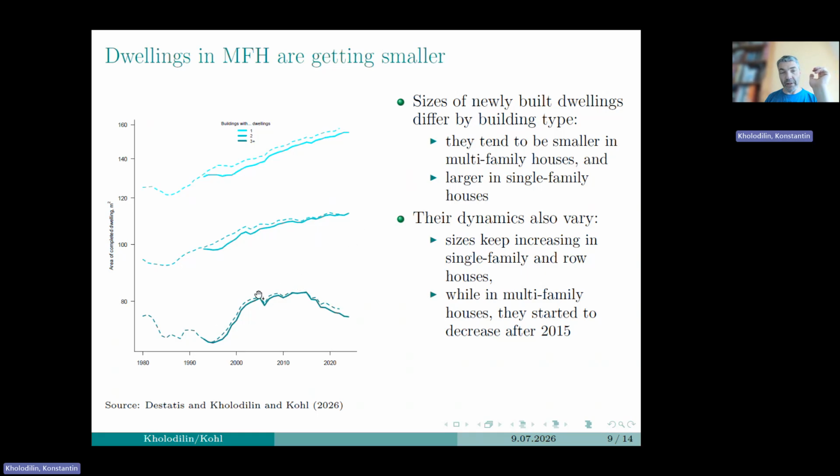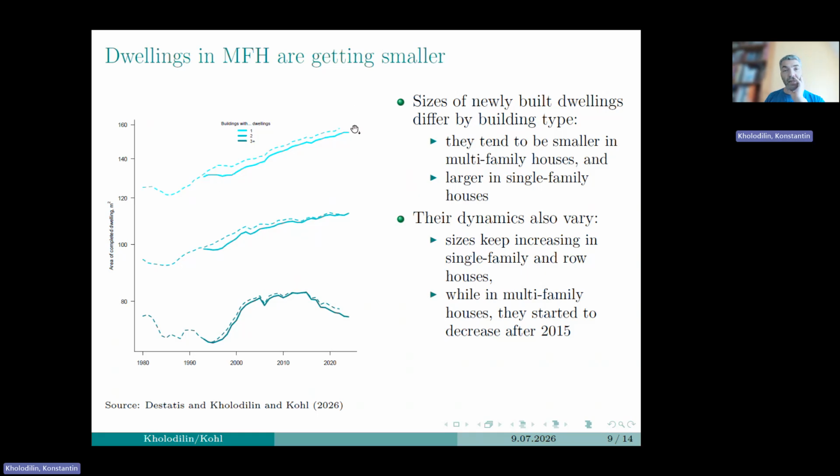So practically that's the average size of the newly built flats or apartments, if you wish. The dashed line corresponds to West Germany. We have more data for past years for West Germany, while the continuous line corresponds to unified Germany, to overall Germany.